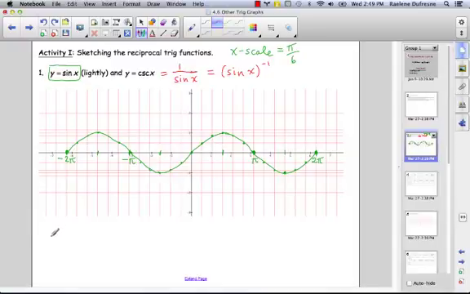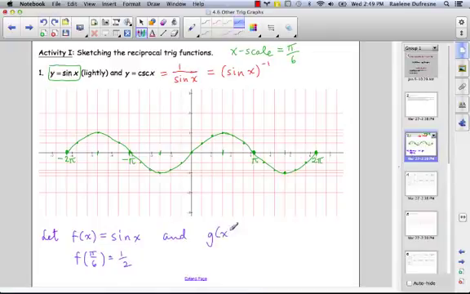So if we have a point on the sine function, let f of x equal sine x. Then we have a point f of pi by 6 is equal to 1/2. And we will let g of x be the cosecant function. So then g of pi by 6 is going to be 1 over f of pi by 6, which is 1 over 1/2, which is 2.